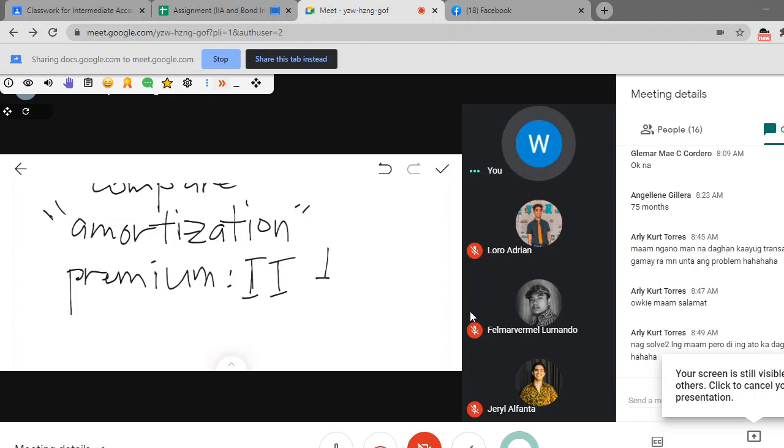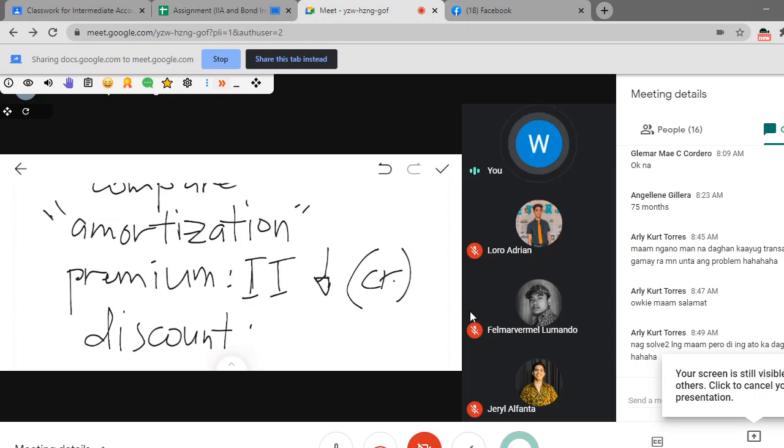That's why you credit your income, so that it goes down. Discount, however, is a gain. So if it's a gain, your interest income should go up. And how do you increase income? You decrease income by debit, the one above, then credit here.